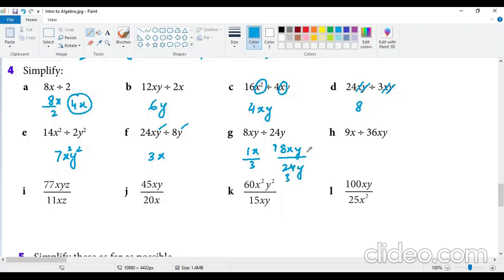That means 1 y cancel with this, so 1 over 3 is going to be your answer. Now this is going to be 1 over 4 because 9 times both divided by 9, both divided by 9 is going to give you 1 over 4, and x will be cancelled with x, and only y is going to be on top.